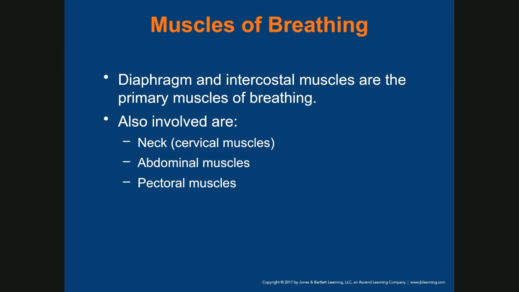Now, in normal breathing, for your adult patients, you shouldn't be seeing them using muscles in their neck or abdominal region to breathe, right? And you shouldn't be seeing retractions of the muscles in the chest. That's a bad sign.